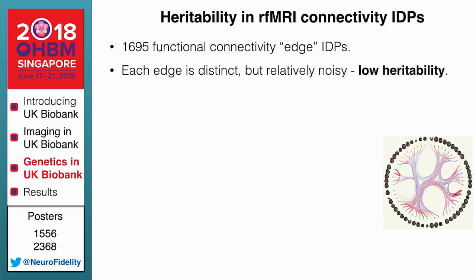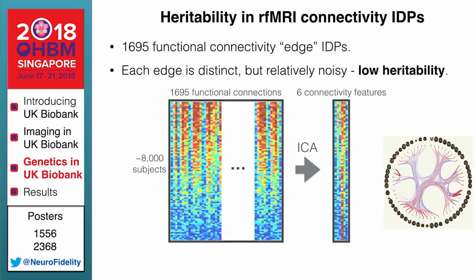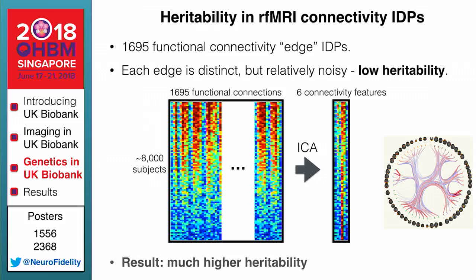Each edge is distinct, but it's relatively noisy, so the heritability is very low. That's the reason. So the way that we solved this was by joining all these IDPs together in a matrix with the subjects and the IDPs, and running an independent component analysis. We got at the end 6 different connectivity features, and those features result in a much higher heritability.